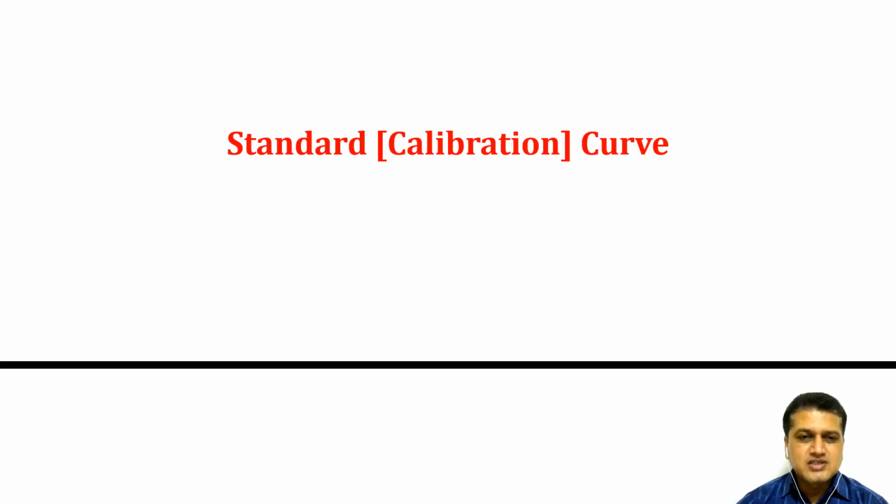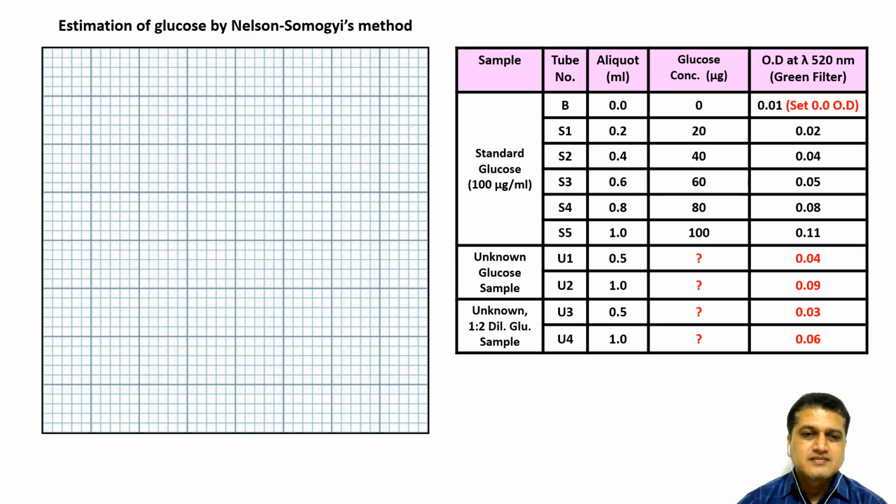Now, using the OD and concentration of standard glucose, we have to prepare standard or calibration curve. Take a centimeter graph paper and write the name of the experiment as title on top of the graph paper.